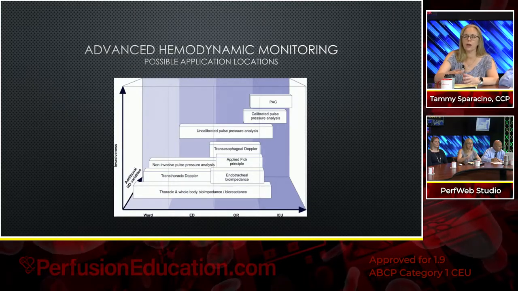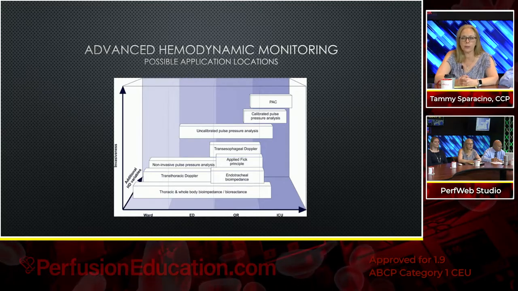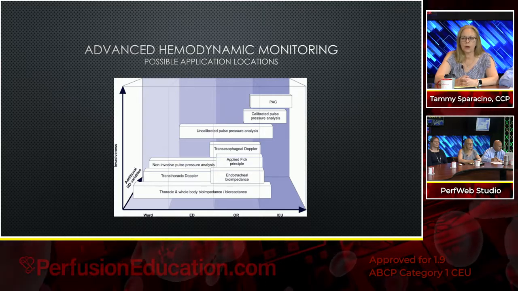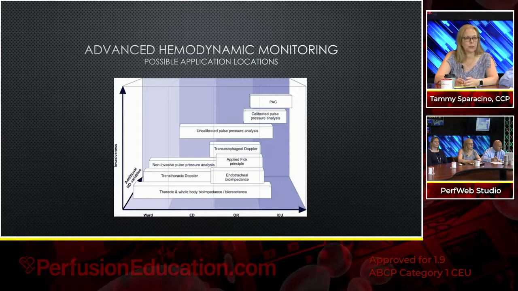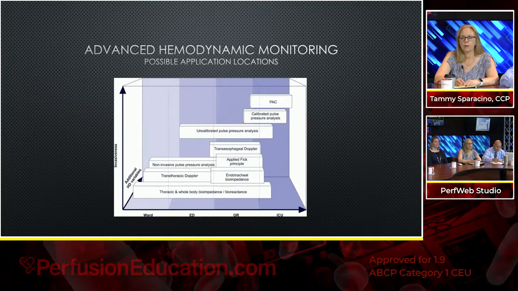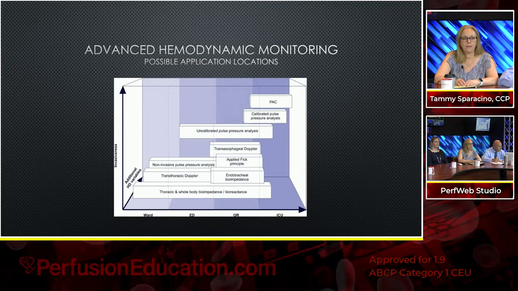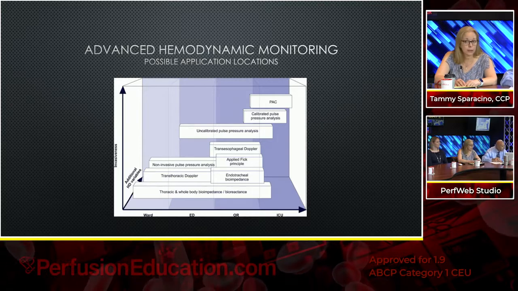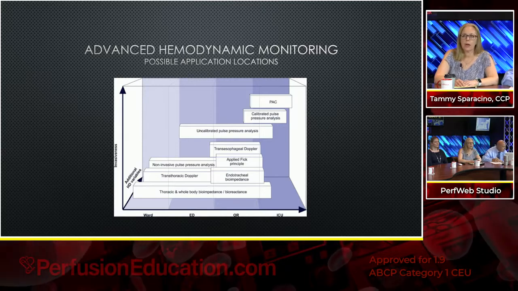Okay, here's another nice graphic that is just kind of talking about where these particular types of technologies are used. So you can see all the way to the right, the ICU, for the most part, those patients are more critical, and so they're going to have the most invasive. They're going to have a pulmonary catheter. They're often going to have the pulse pressure analysis devices that are calibrated, but they also have some overlap in the uncalibrated ones.